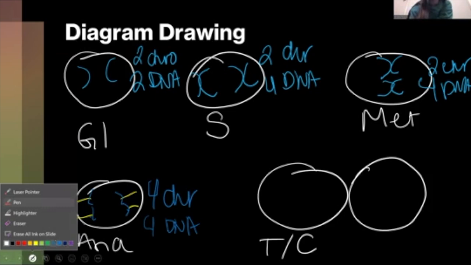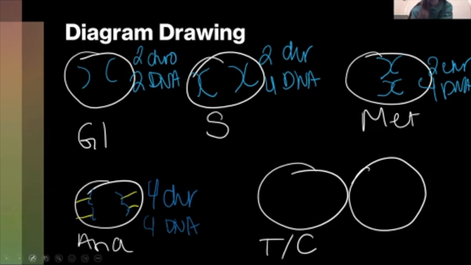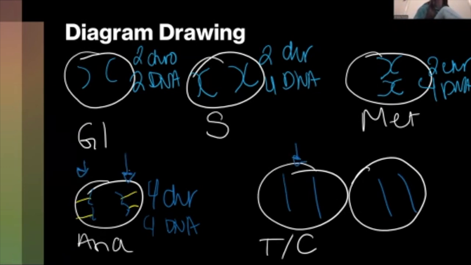Basically what happens, we are going to take anaphase in half and take the left half of the cell into the left cell right here, and the right side of the cell into the right cell. So let's draw that. Okay, so we have 2 chromosomes from this side going into this cell, 2 chromosomes from this side going into this cell.